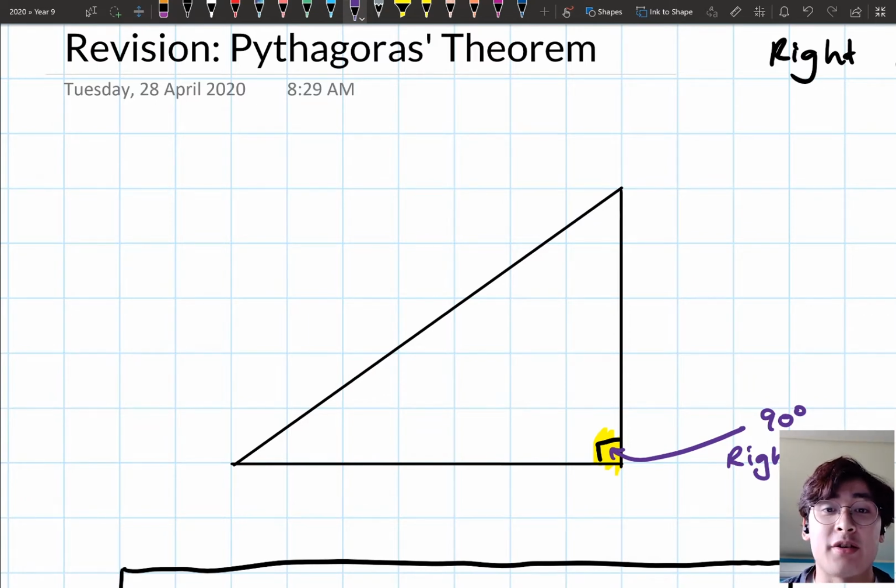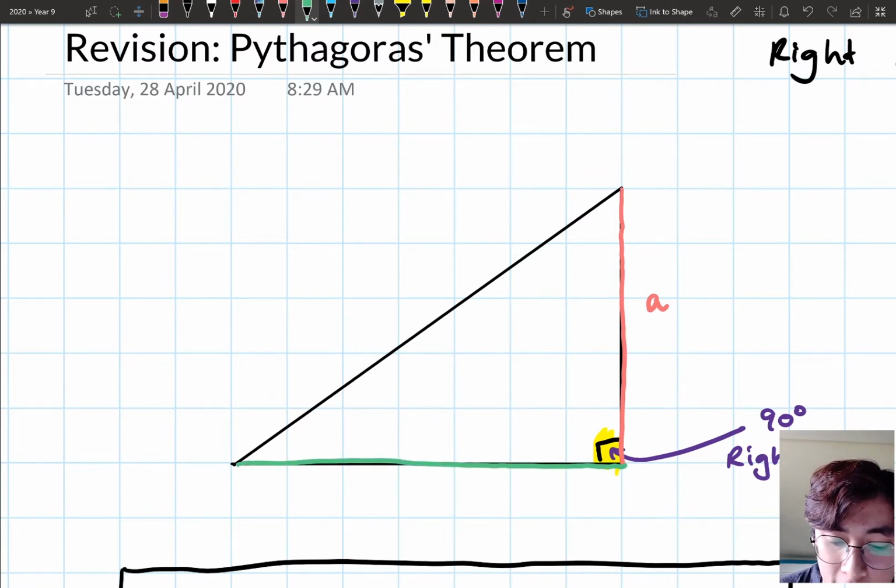Now Pythagoras' theorem tells me that there's a relationship between the three side lengths of my right angled triangle. I'm going to label them and give them names. So this first one over here, I'm going to call A. And this second one at the bottom, I'm going to call B. Now A and B are my two shorter lengths.